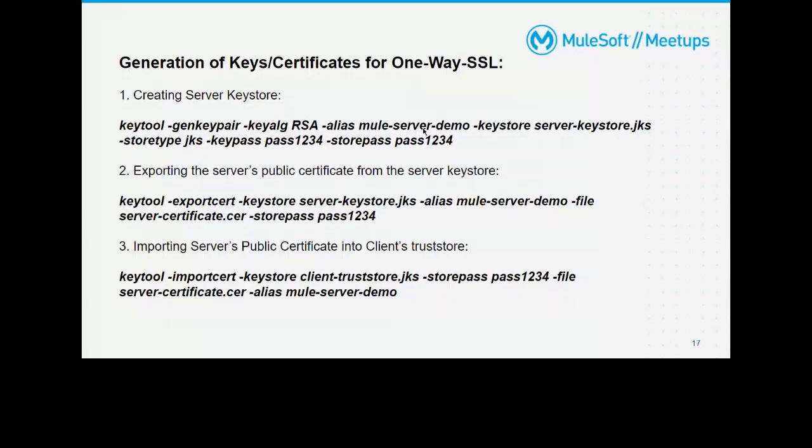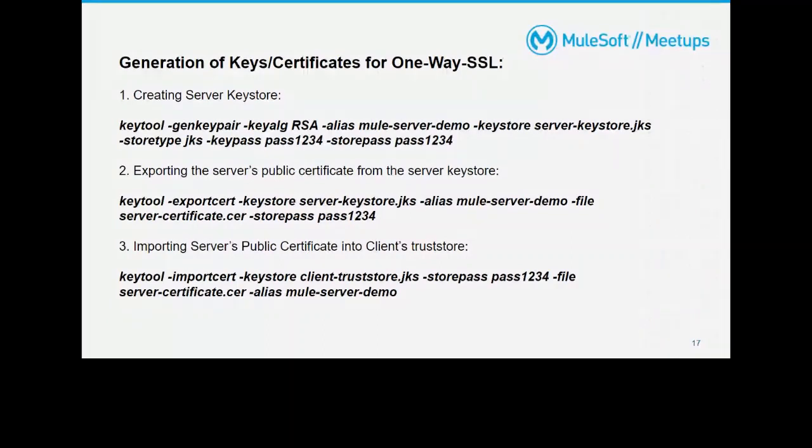First we'll see what is meant by alias. We saw that the private key and certificate are stored as a key store entry. This entry is identified using a unique string, and this unique string we refer to as alias.